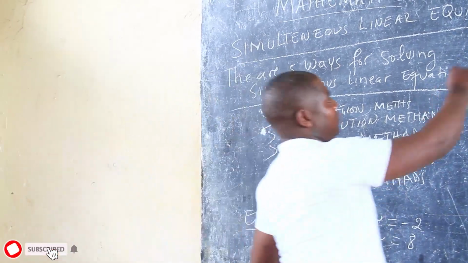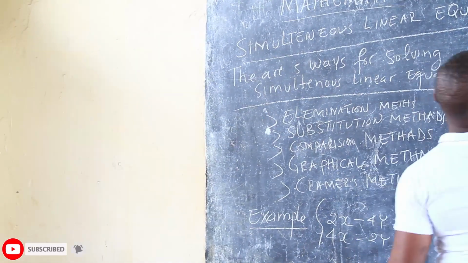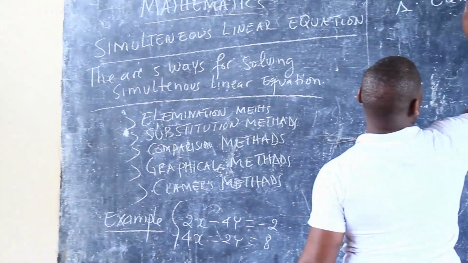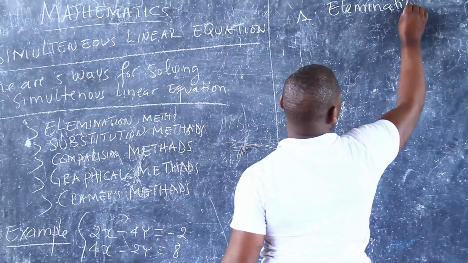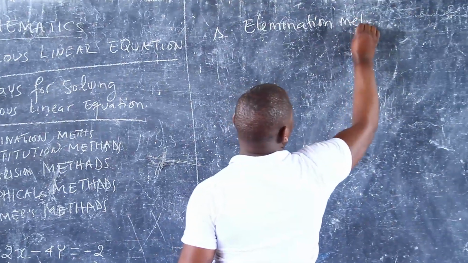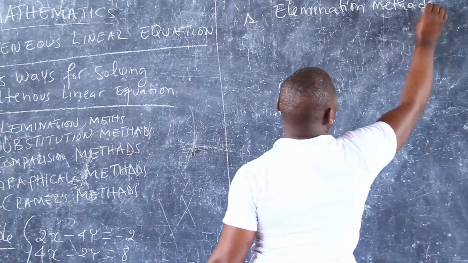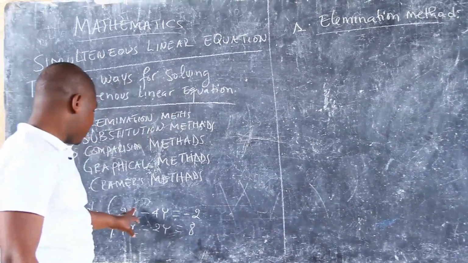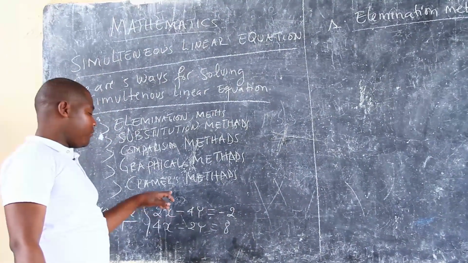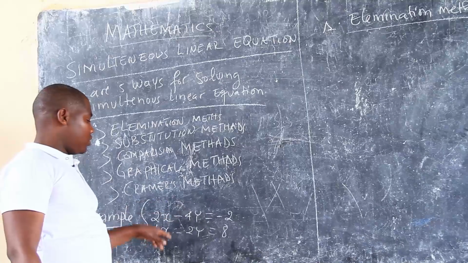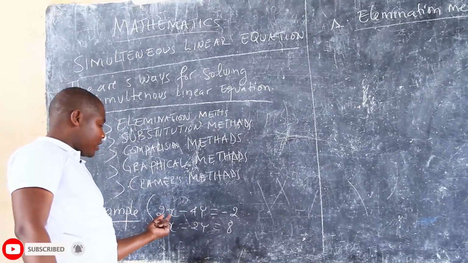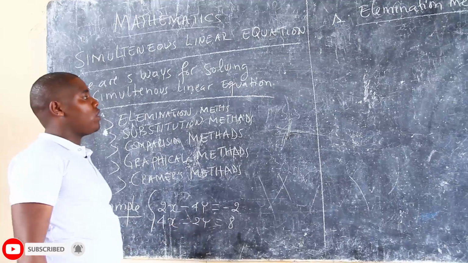Let's use the first one, the elimination method. In elimination method, I'm going to take this equation. We have 2 variables, x and y. We're going to find the value of x and the value of y.